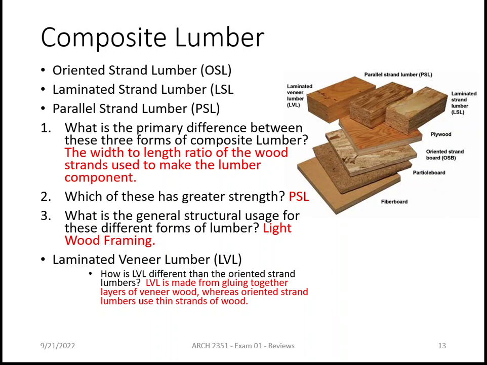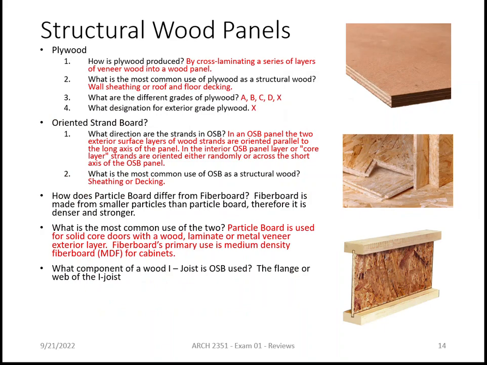Structural wood panels. Okay, there's two basic products in there that we use a lot. One is plywood, and one is oriented strand board. Okay, how is plywood produced? By cross-laminating a series of layers of veneer wood into a wood panel. So what they do is they cut a veneer, and the grain runs this direction. They cut another piece of veneer, and they rotate that 90 degrees.